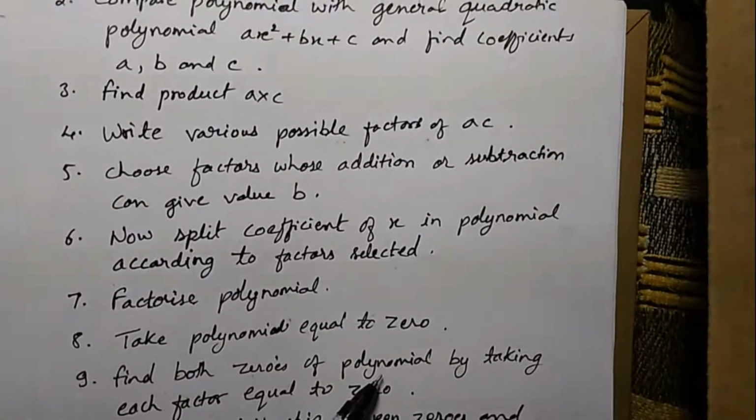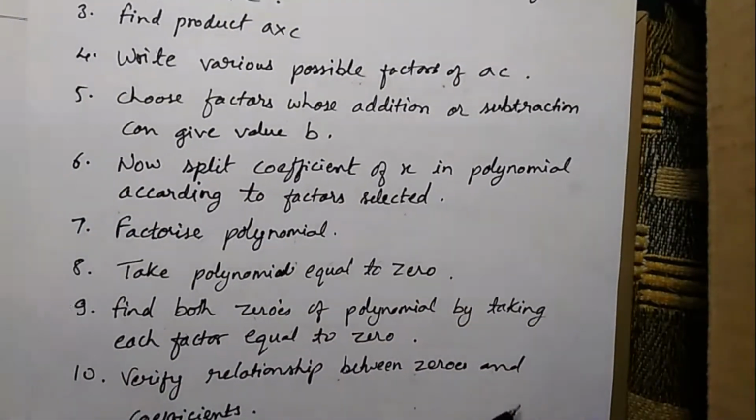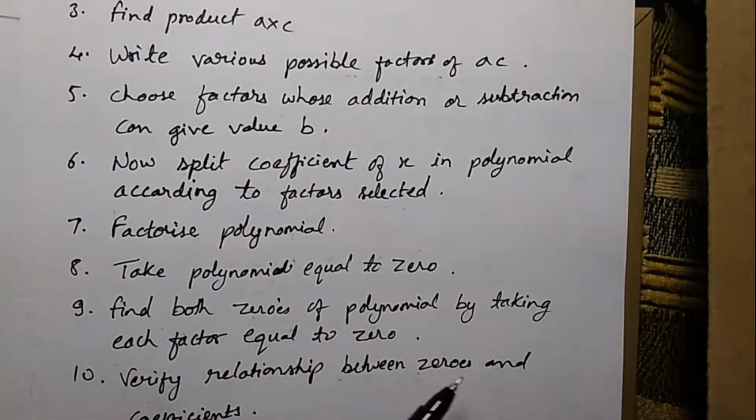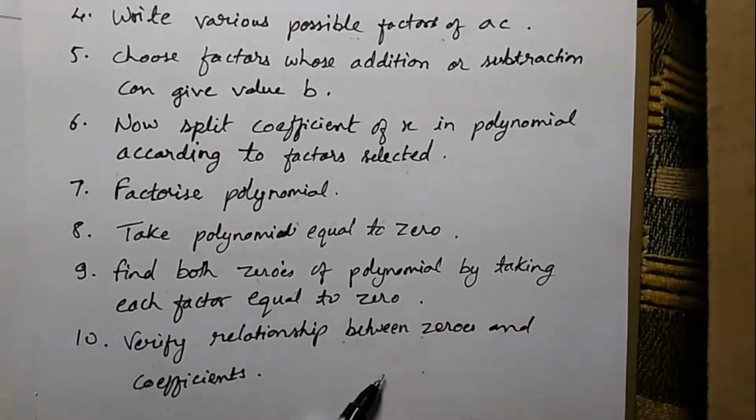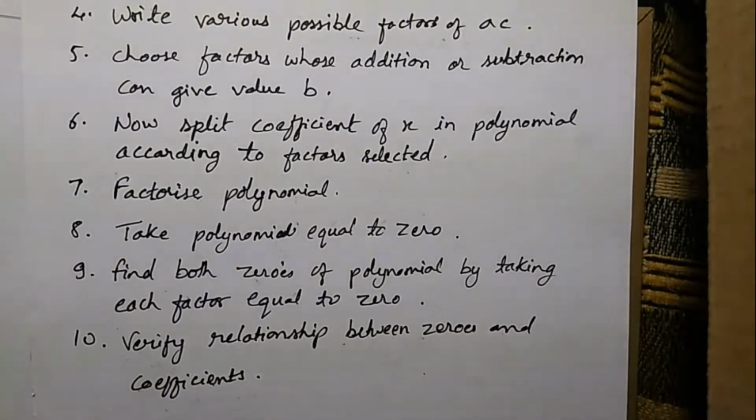You have to write the factors of the polynomial. This eighth step is take polynomial equal to 0, and then ninth step is find both the zeros of polynomial by taking each factor equal to 0, and 10th step is verify relationship between the zeros and coefficient. So let us start.